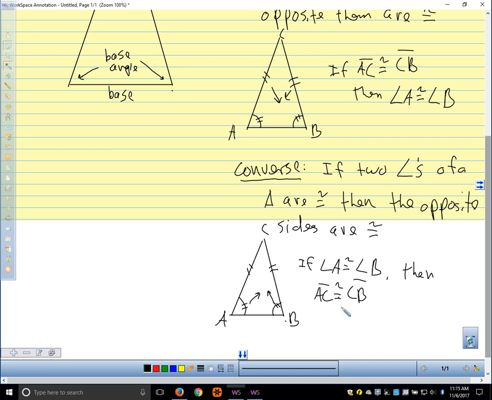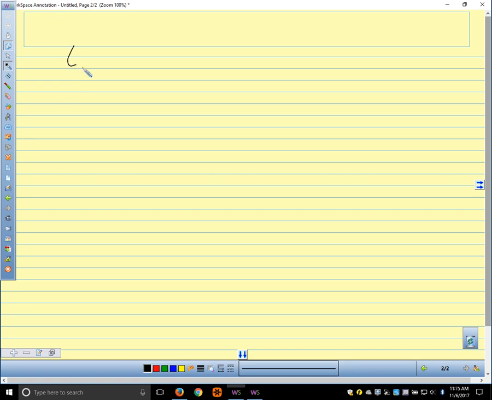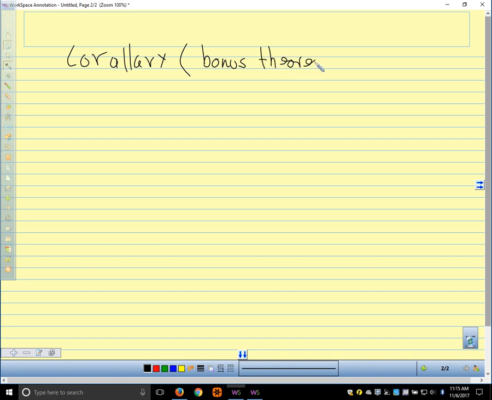We've been using this theorem on angle puzzles before. We can also figure out some additional stuff. We call the additional stuff that we can figure out corollaries. I think of a corollary as a bonus theorem. Once we know a theorem, a corollary is easy to figure out.